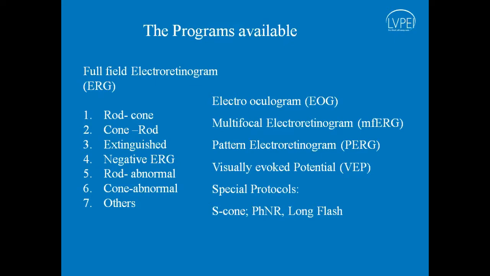Electrooculogram, visually evoked potential, while the regional programs include pattern electroretinogram and multifocal ERG or MFERG. The extended protocols are also available that one can apply depending upon the need. This includes a SCONE protocol, photopic negative response, and so on.